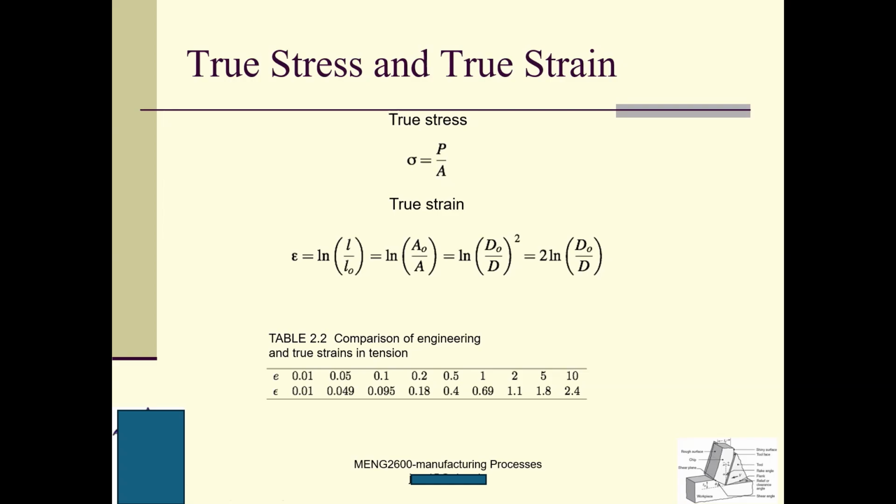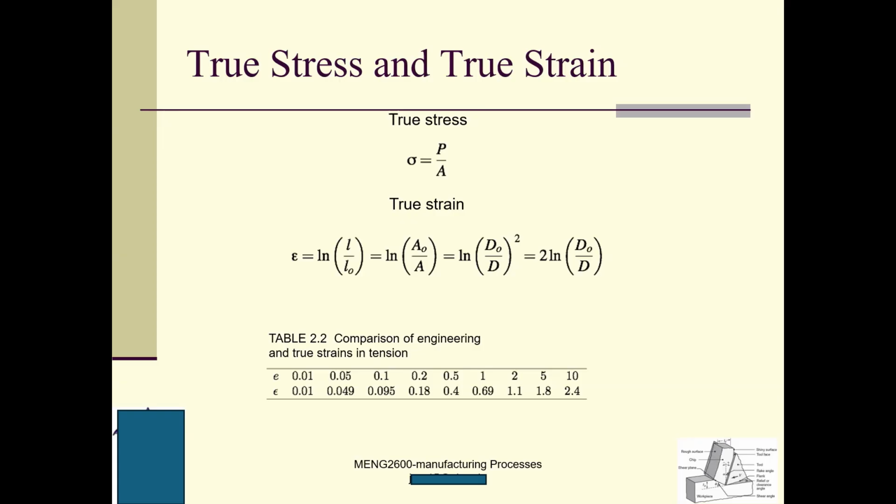Do you agree? So this A is decreasing, but it will be the denominator of this equation. On the contrary, for the engineering stress, I have P divided by the initial area A0, where A0 is the initial cross-sectional area. This is the difference between true stress and engineering stress.